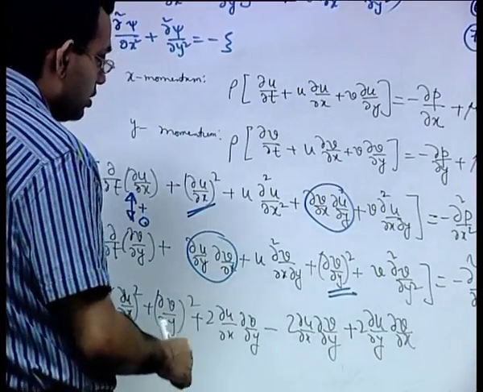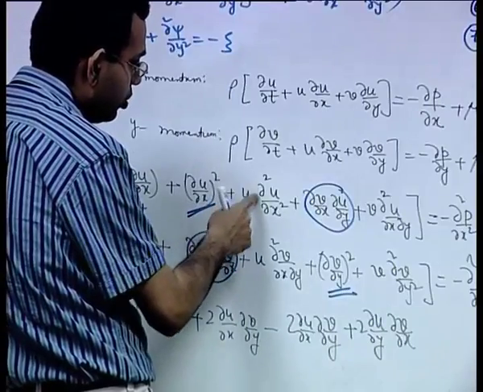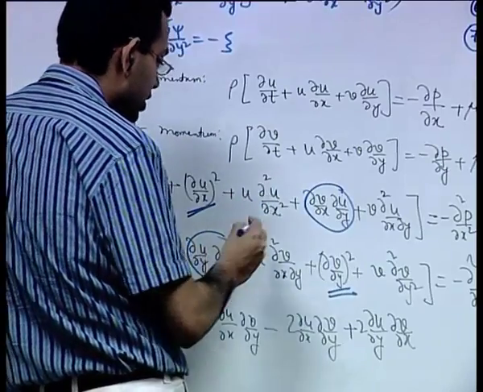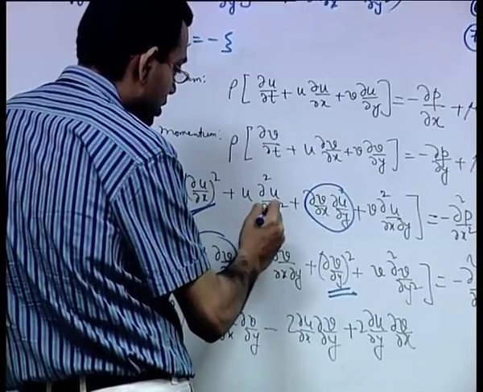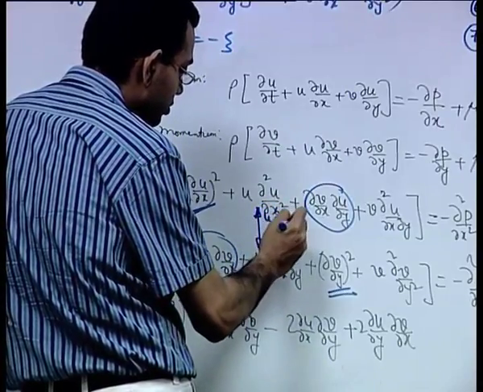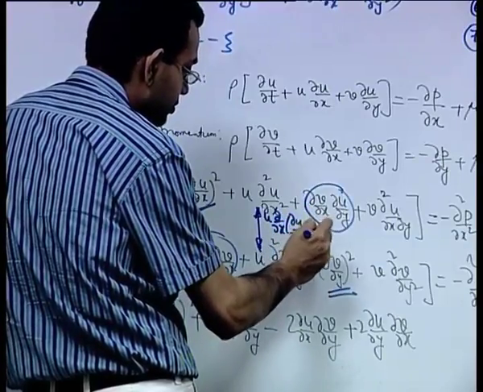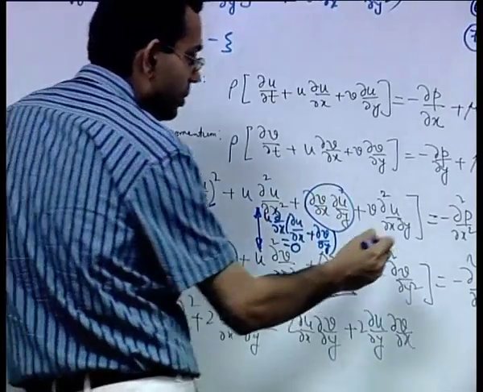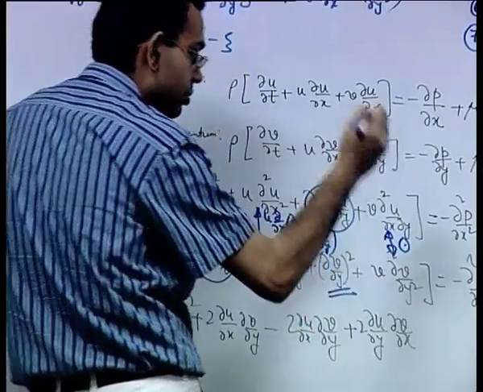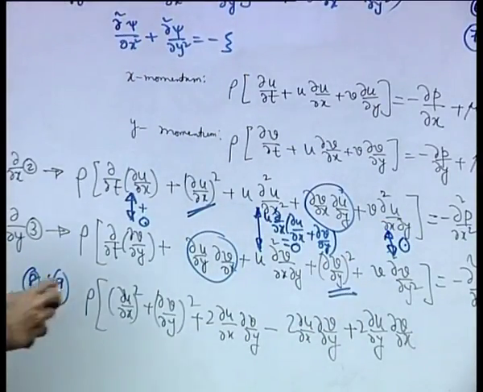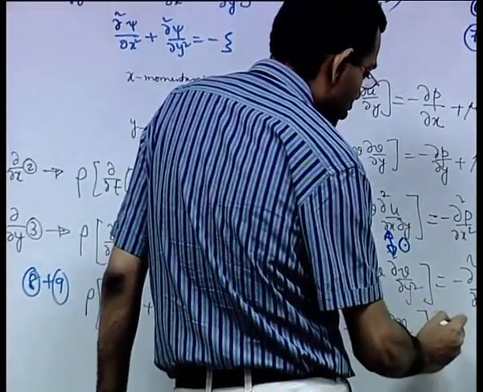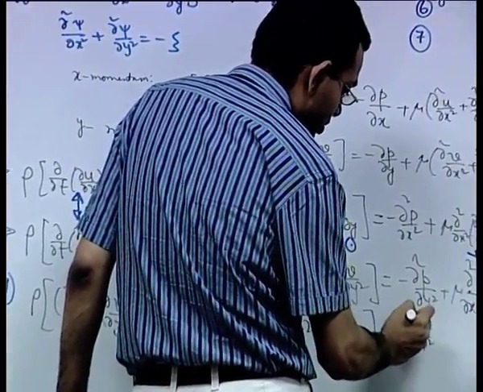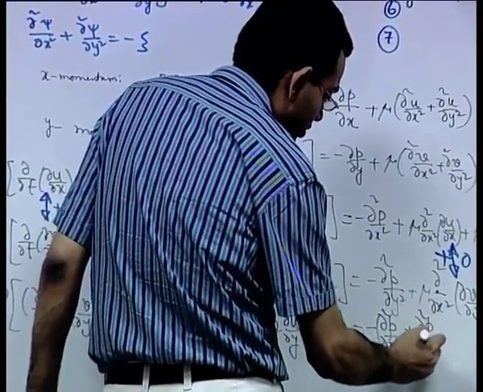Then you can take u del x as common here, so if you consider these two terms, you can take u del x as common with del u del x plus del v del y. So, that is 0. Similarly, if you combine these two terms, that will be 0. So, you are left with minus del square p del x square plus del square p del y square.